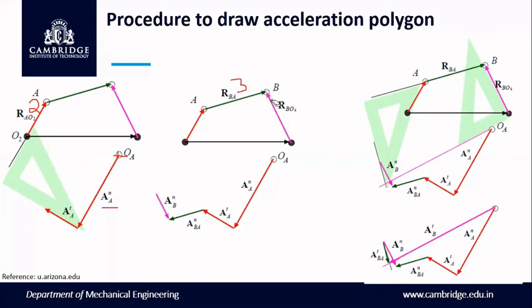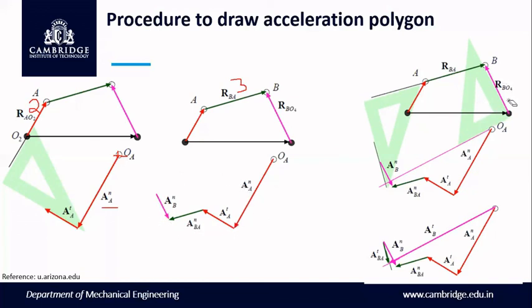Draw parallel to this pink color line, the vertical line. These numerical values we can find using the formulas. Therefore, we will know the numerical values of the magnitudes of all these vectors and their directions too.